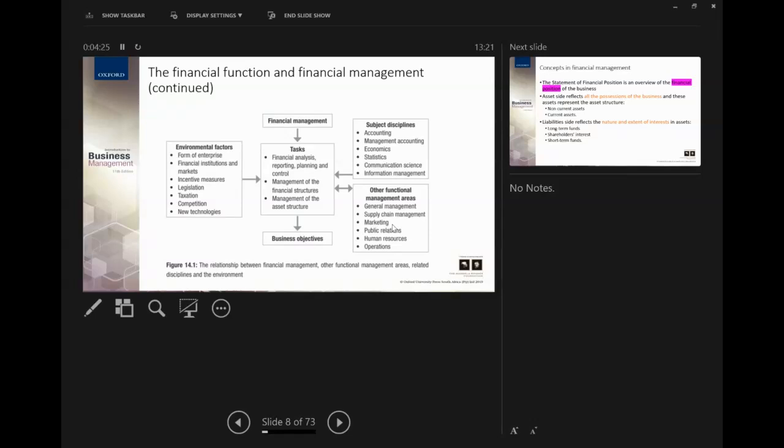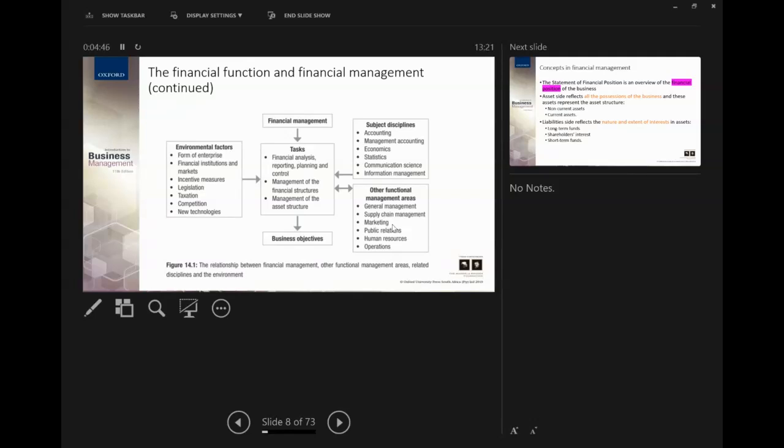Here they're giving you an overview of where financial management finds itself in the business environment. You can see the relationship between financial management, other functional management areas, related disciplines, and the environment.